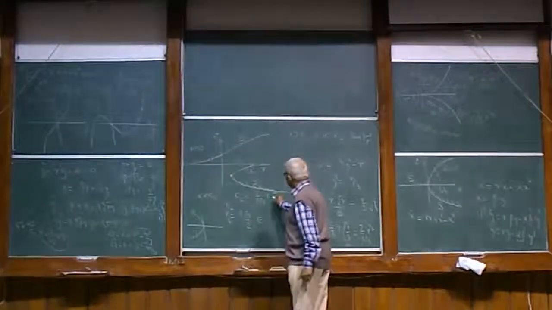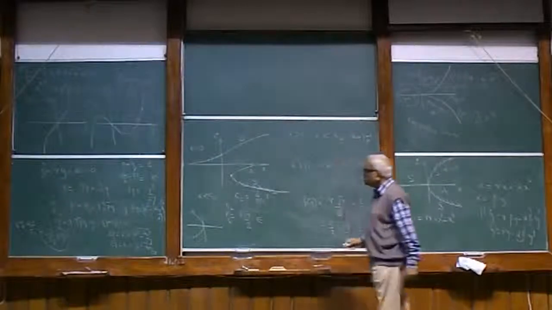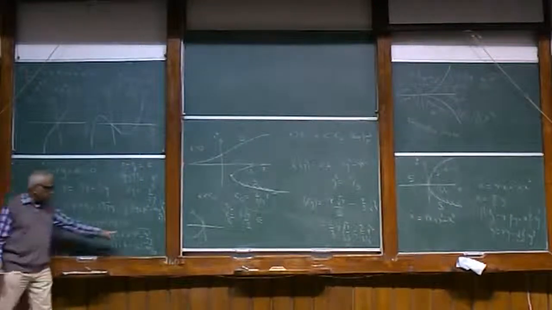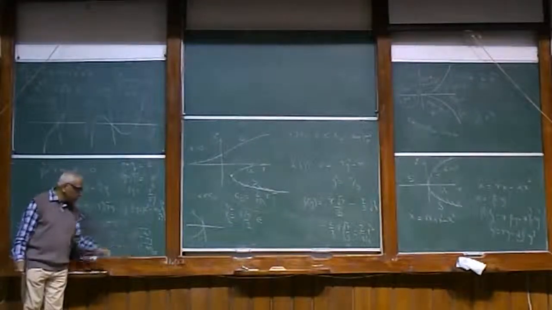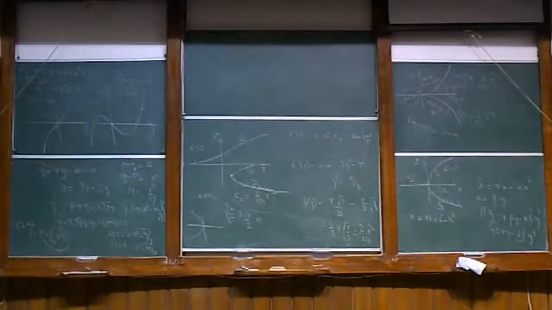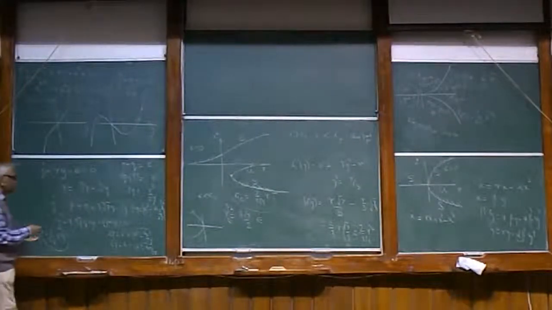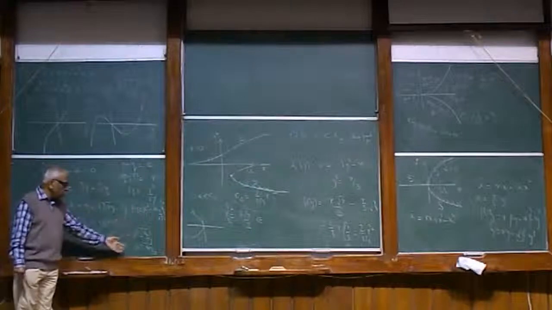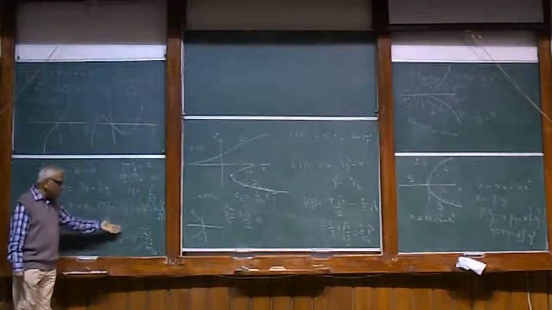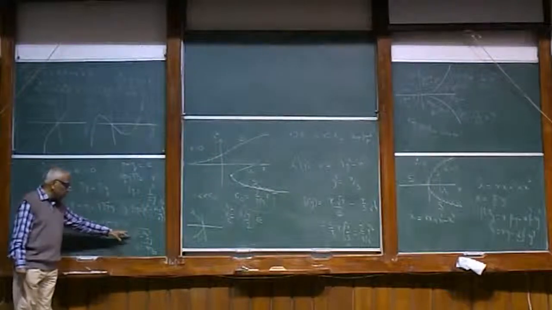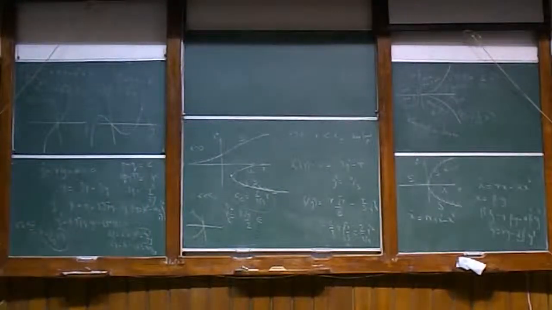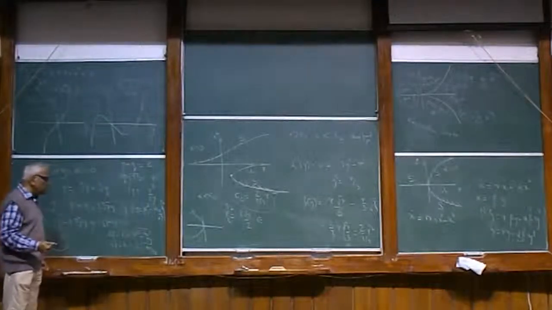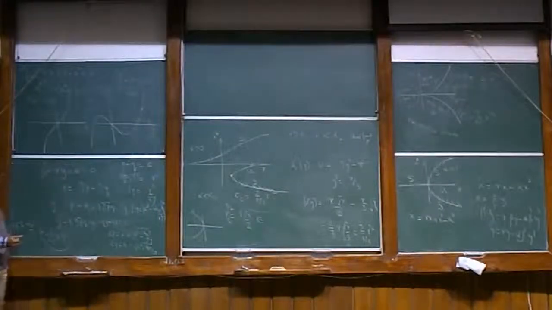So this is my critical curve. If you are above this critical epsilon, if the discriminant over here is going to be positive, then there is no question of having more than one real root. You can have only one of them if the discriminant is positive. It is only when the discriminant becomes negative and p and q become complex numbers that things become interesting.